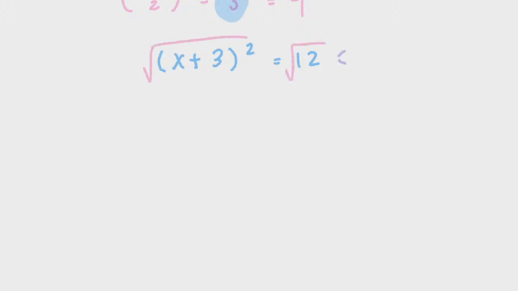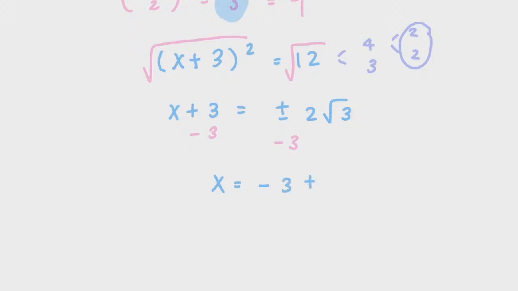So 12 breaks up into 4 and 3, and 4 breaks up into 2 and 2. So there's a pair of 2's that can come out and a 3 left on the inside. So we have x plus 3 equals plus or minus 2 rad 3. And then to solve for x, we're going to subtract 3. Not 2, sorry. Subtract 3. So x equals negative 3 plus or minus 2 rad 3.